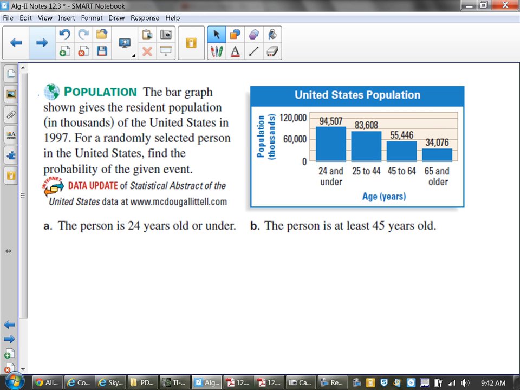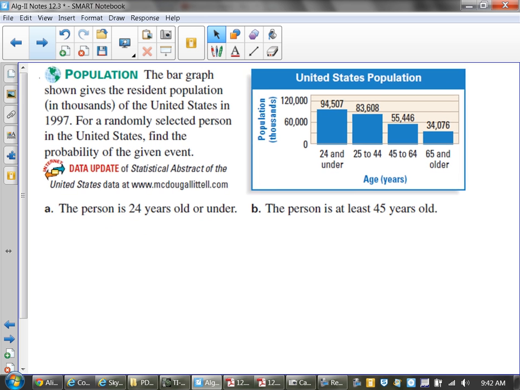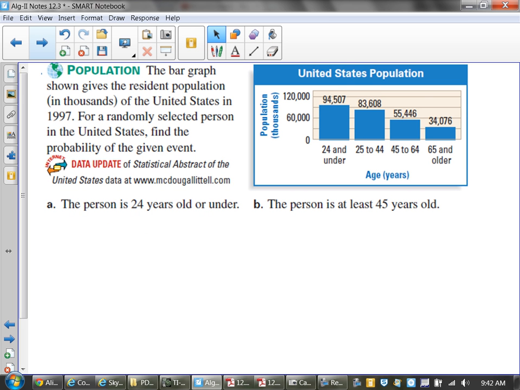Anyway, what happens here is that you might see stuff like this, where they randomly select somebody out of a table, and they want to see what's the probability, according to the data that you have in front of you, that a person selected will be 24 years old or under. So you'd have to figure out your total sample size, basically adding up those 4 values, and then divide.